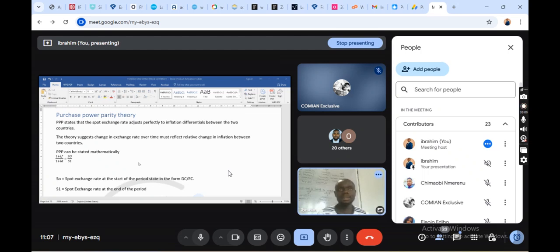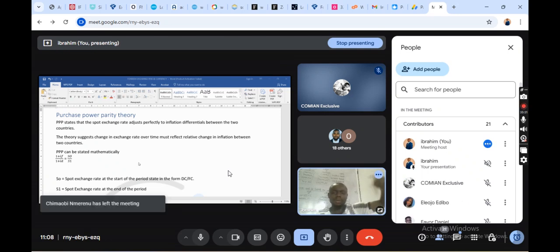The question is, you need to adjust your spot rate, because the project is for 5 years, and you need to determine the forward rate. Your forward rate needs to be adjusted for the inflation of the two countries, or the interest.